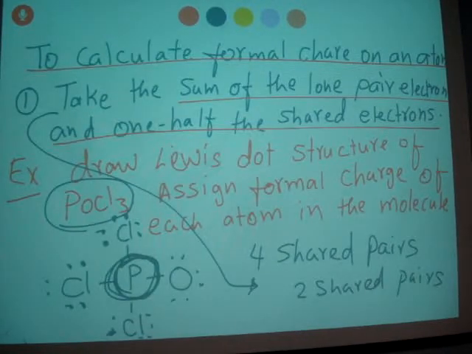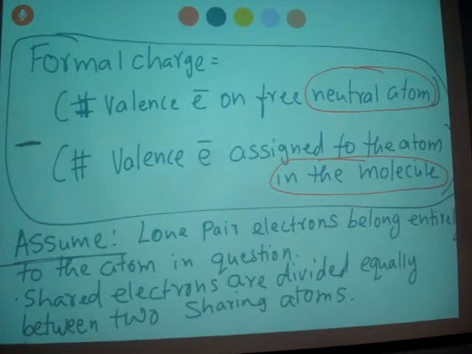Let me go back: valence electrons assigned to the atom in the molecule.